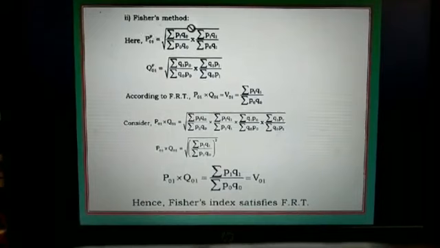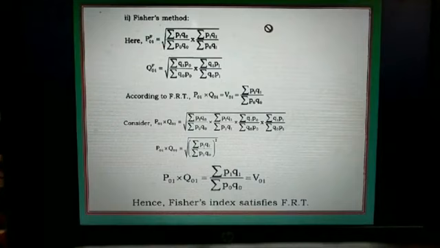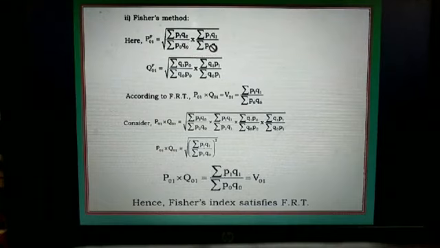Fisher's index number. We know already Fisher's price index number is written as the square root of the multiplication of the Laspeyres price index number and the Paasche price index number.